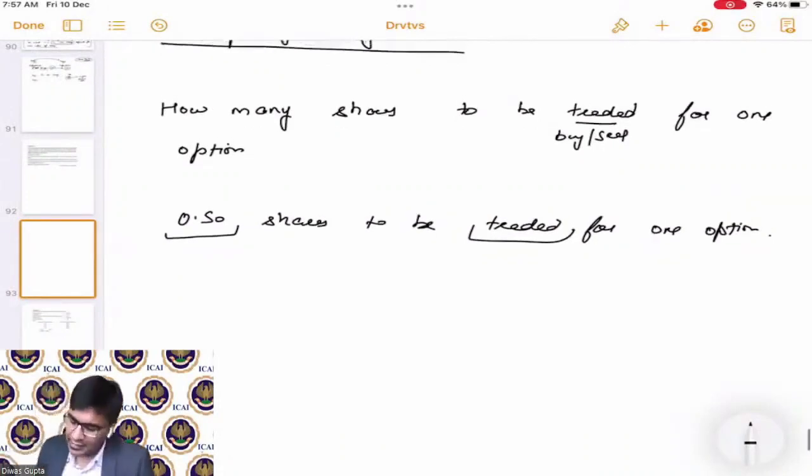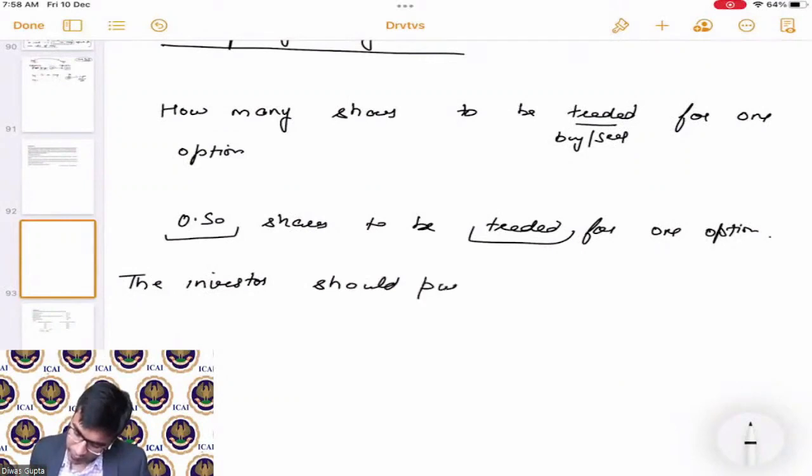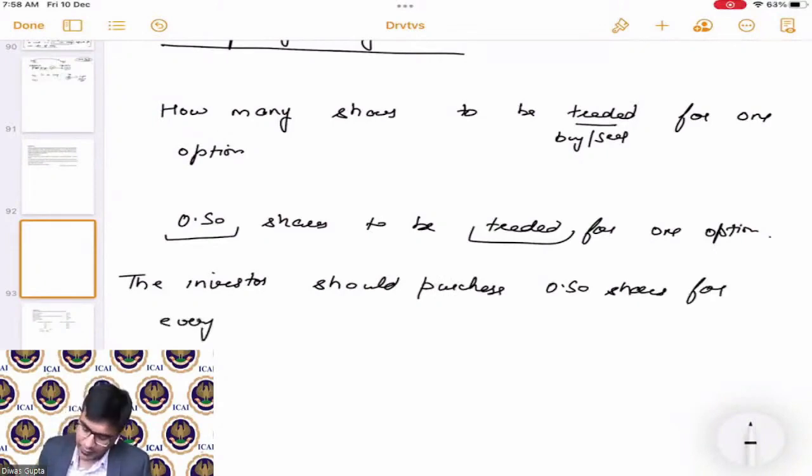But ultimately, let me write here. The investor, first of all, I'm writing the question solution part. The investor should purchase 0.50 shares for every call option. For one call option, he should purchase 0.50 shares.